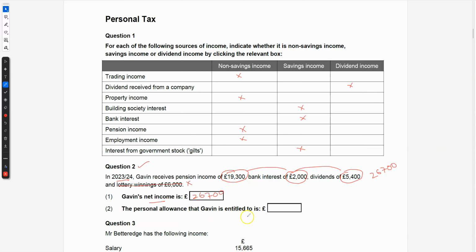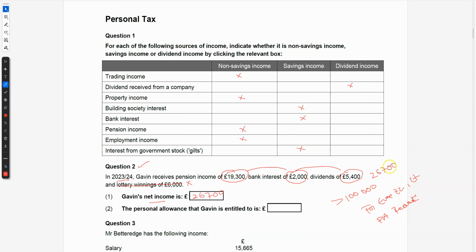How much is the personal allowance he is entitled to? Of course, the personal allowance has a restriction if someone's income is more than 100,000. So 100,000 is the threshold. If someone's net income is more than 100,000, for every £2 of income above it, £1 of personal allowance will be reduced.